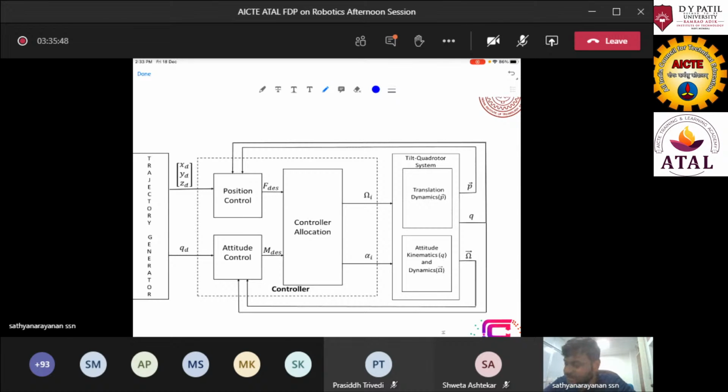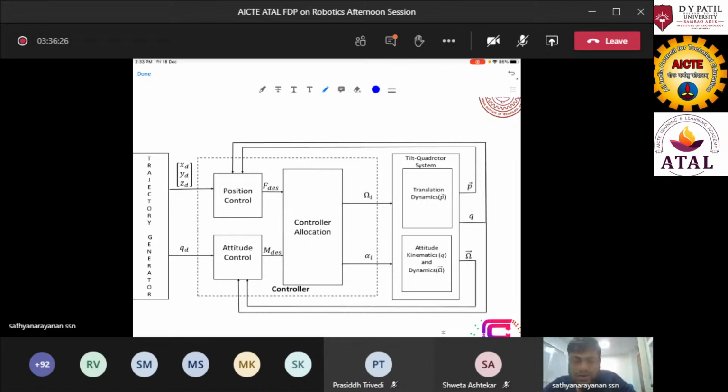Since it is an over-actuated system, you can think of some kind of optimization technique to come up with a control allocation, which can minimize the energy, or minimize the time taken, or be used for path planning. If you want to move from one point to another with an optimal trajectory, you can come up with a control allocation scheme based on that also.